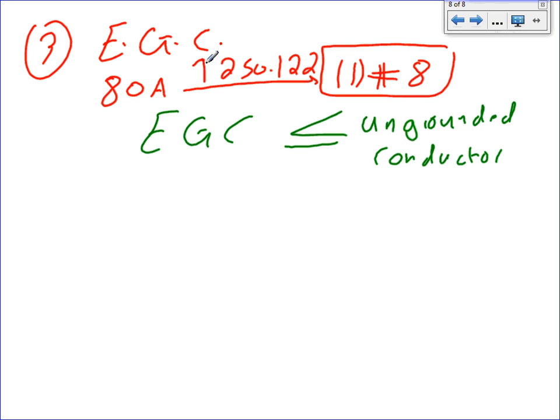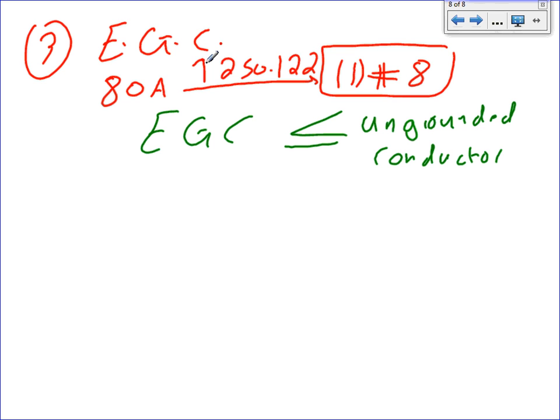Why does America not put a bigger EGC in? Just wasting money, well, that's obvious, but beyond that, resistance would be more too. Why do they want to limit it? If you have a short circuit in a circuit, here's a phase A and here's a ground, and you have a ground fault, the short circuit is going to go through the phase and back through the ground.